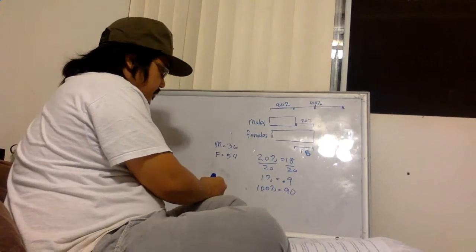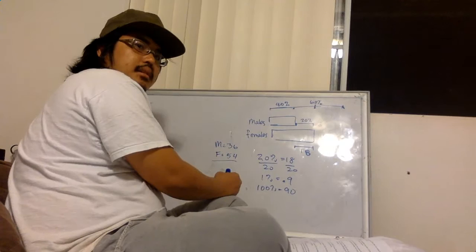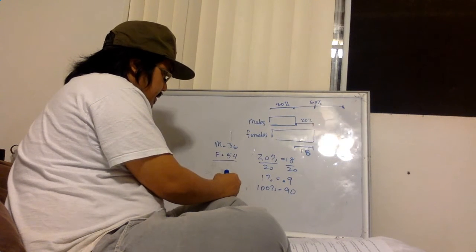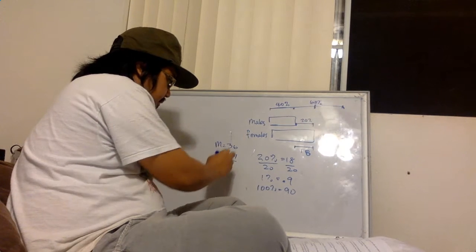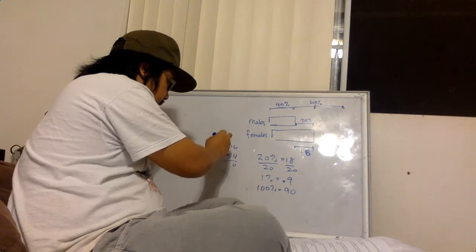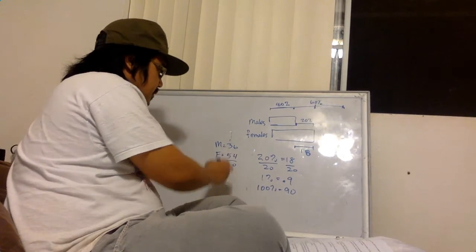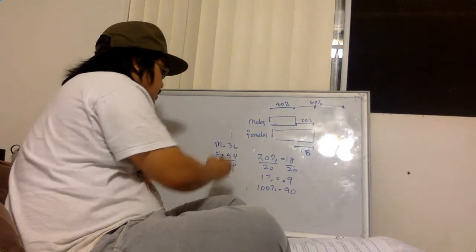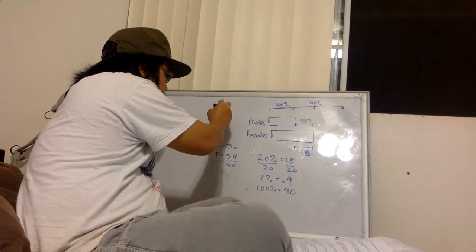Do the numbers all work out? All right. 36 males and 54 females. If I add those up, 54 and 36, that would be 0 here and 1 here. 90. Yeah, 36 plus 54 is 90. Also, what is 54 minus 36?